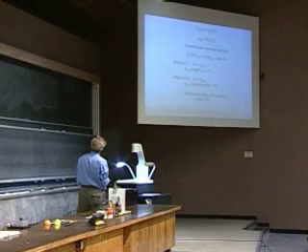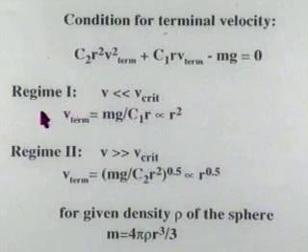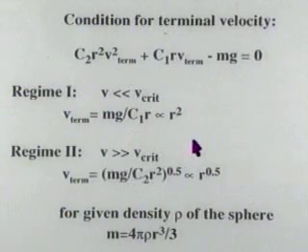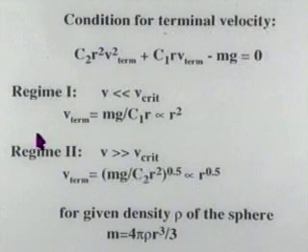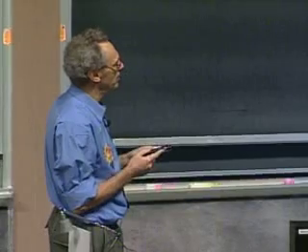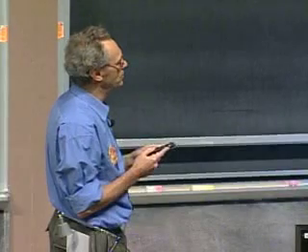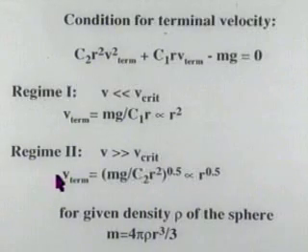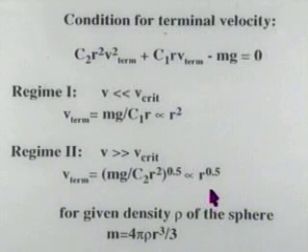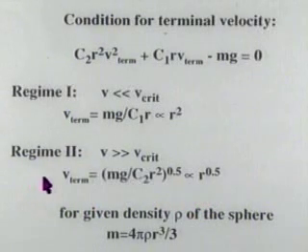And then we have regime 1, whereby the speed is way less than the critical speed, and then you get the terminal velocity, as you see on the blackboard, which is proportional to r squared, if you only look at objects which have a given density. And if the speed is way larger than the critical speed, you are in regime 2, and then you have a dependence with the square root of r.